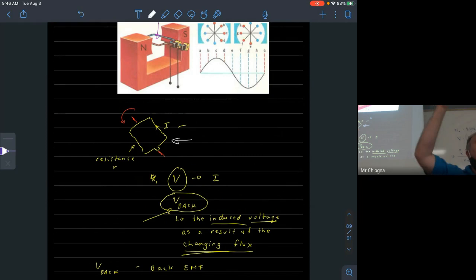When it's not running, the coil is just sitting there. It's not moving. If it's not moving, there's no change in flux.